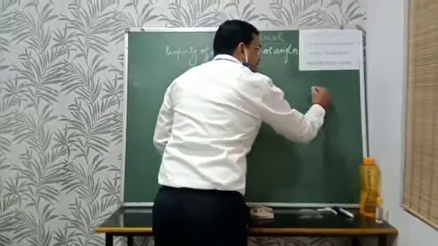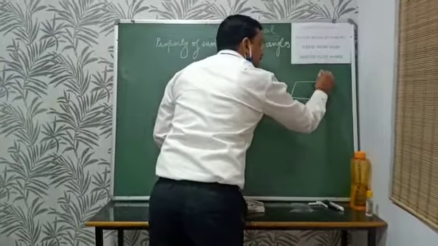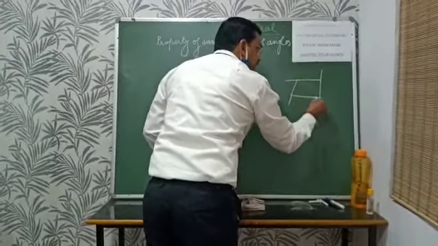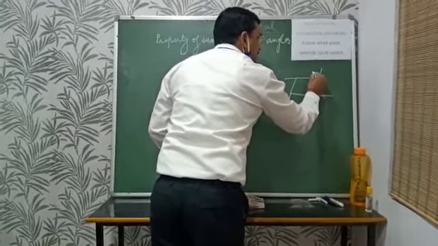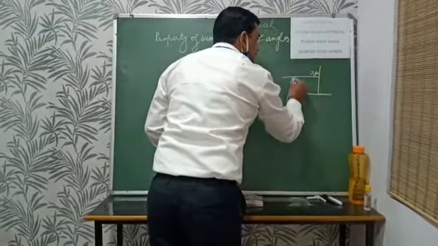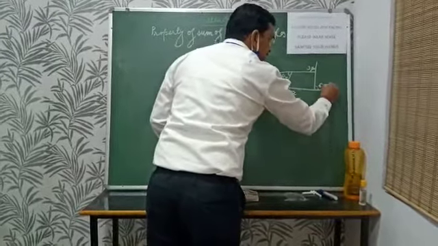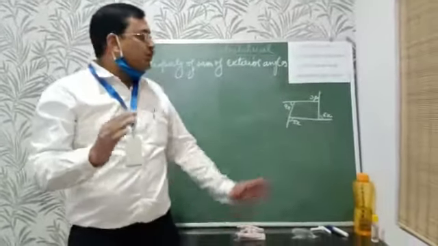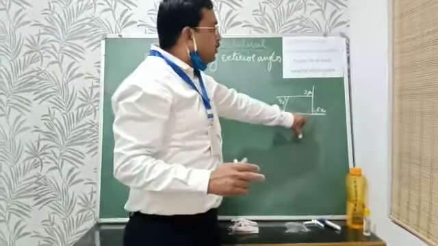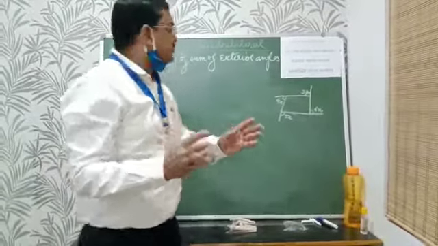Suppose this is your quadrilateral, and if we extend the sides here, the exterior angles are 3x, 4x, 5x and 6x. How can we solve this question? Basically we know that the sum of the exterior angles is equal to 360 degrees. But how can we say that? First we can come to the practical here.